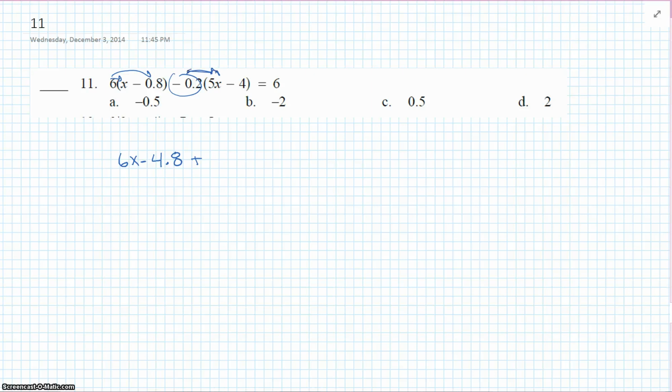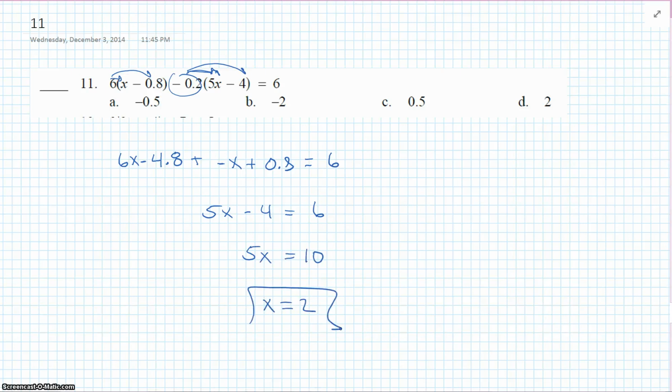So plus negative x plus 0.8 equals 6. So sum like terms. So I'm going to get 5x minus 4 equals 6. Add 4 to each side. I'm going to get 5x equals 10. Divide each side by 5. X equals 2.